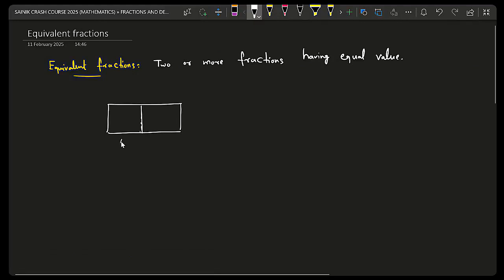Let us say this is child A and child B. Child A had this part. This is the first day. The mother brought the same sized chocolate bar on the next day. It already has four bumps on it.